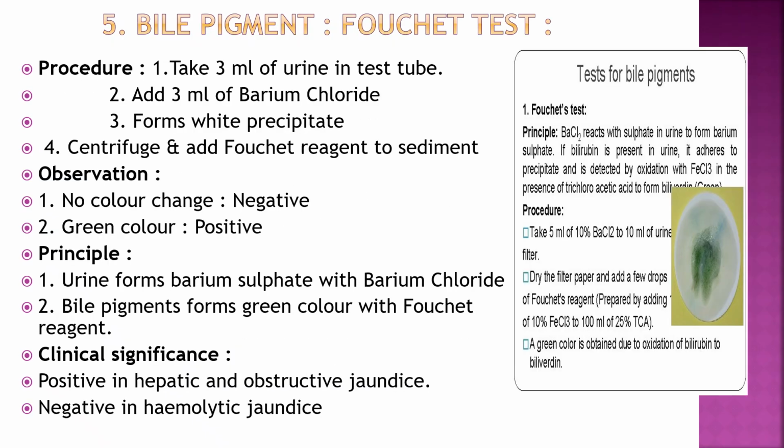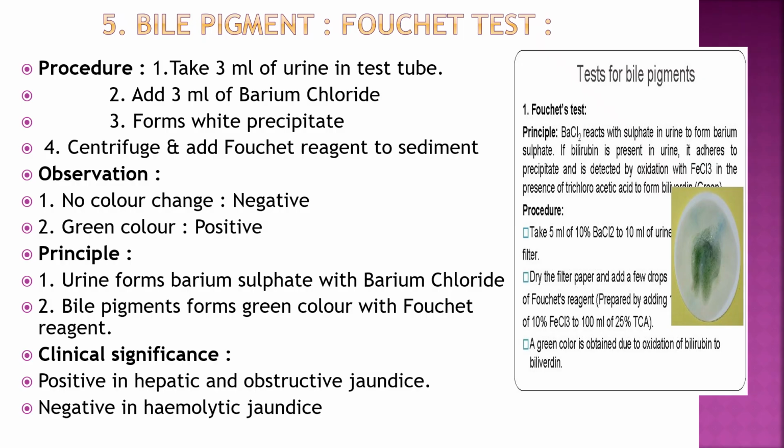Then we will see bile pigment by Fouchet's test. So here you have to take 3 ml of urine in a test tube, add 3 ml of barium chloride, mix and then centrifuge. So that precipitate is filtered, and then to the precipitate you have to add Fouchet's reagent. No color change is negative and green color change is positive.